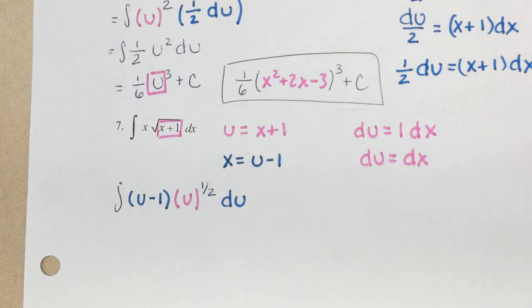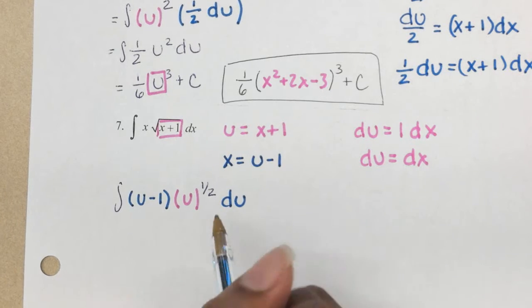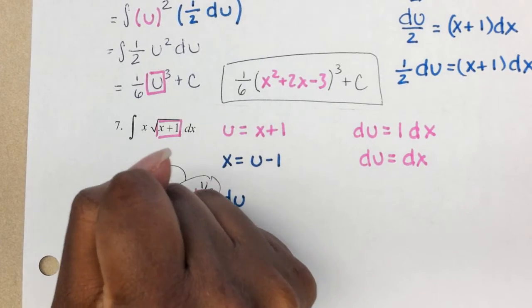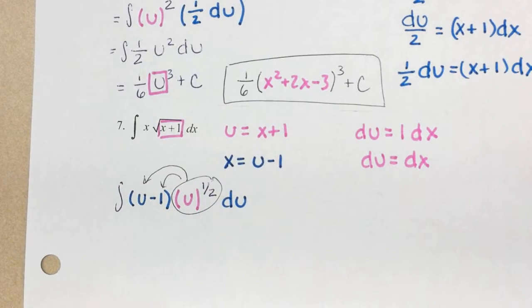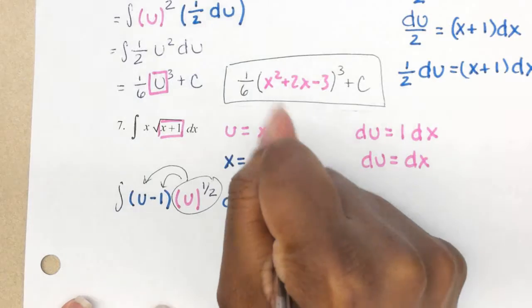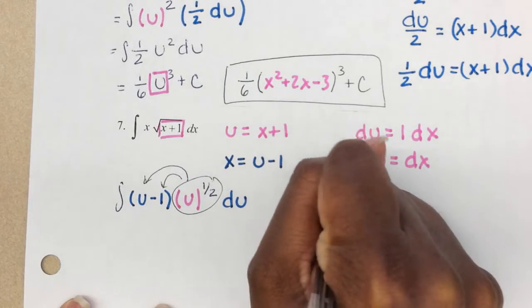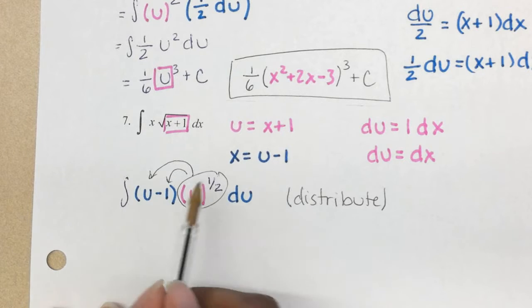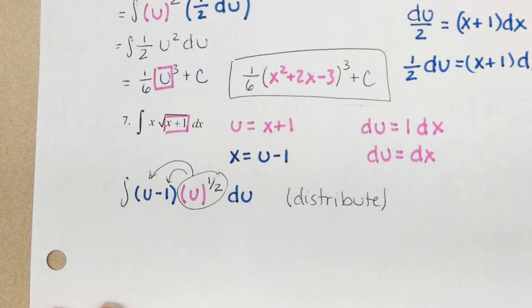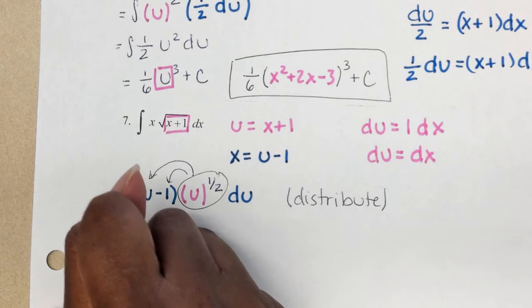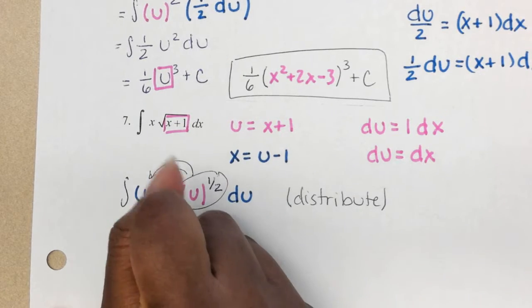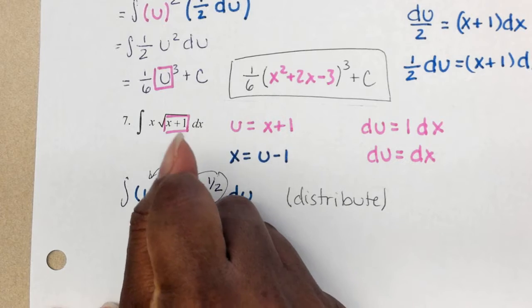Alright, this still does not look very nice, but I can take this and distribute it into those set of parentheses. So what I'm going to do now is just distribute. So u to the 1/2 times u is u to the 3/2, and u to the 1/2 times 1 is u to the 1/2.